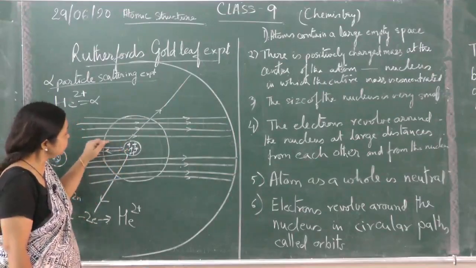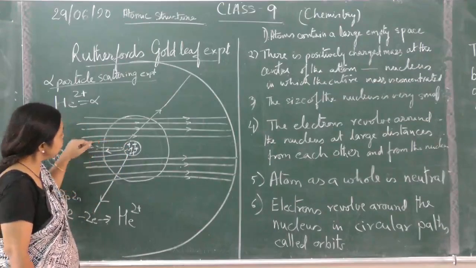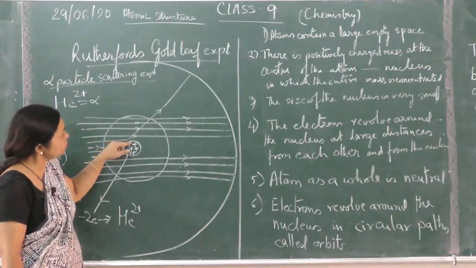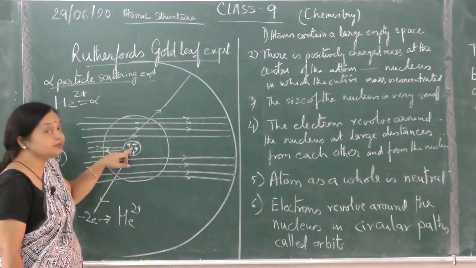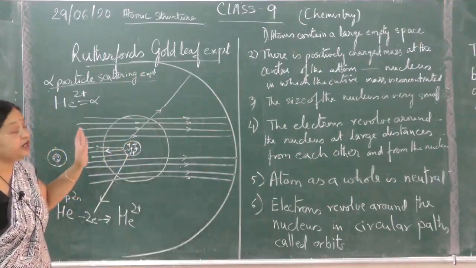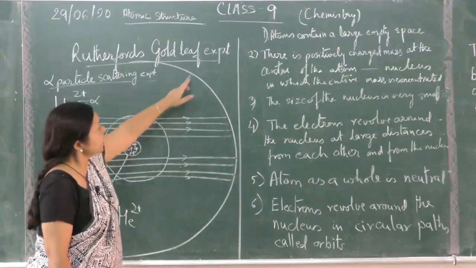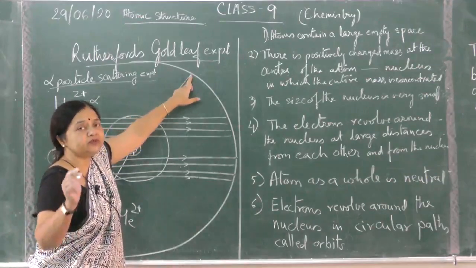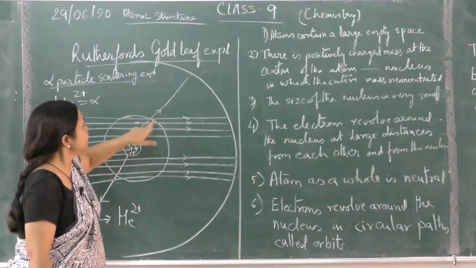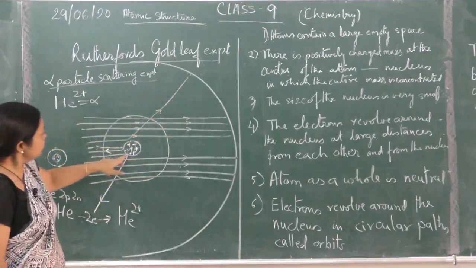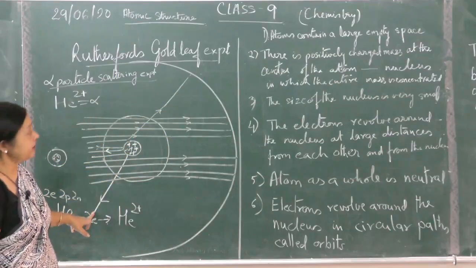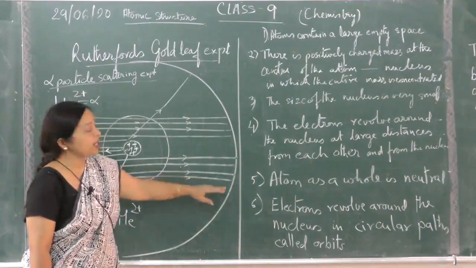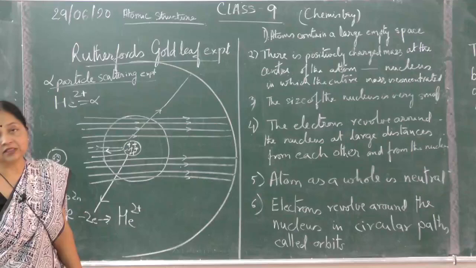Some were deflected, those helium particles which were passing very close to this central zone. Because this is positive and helium is also positive, it got deflected. It made an angle and hit the screen over here, but this was very few in number. Some were deflected to a smaller degree and some which hit the target directly to a greater angle, and most of them passed through without any hindrance at all.